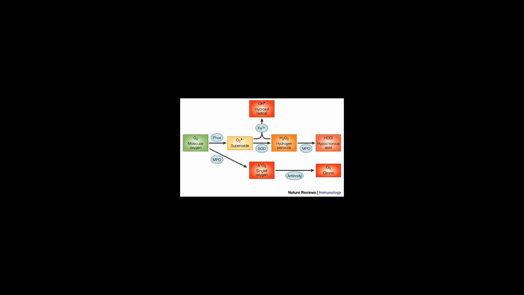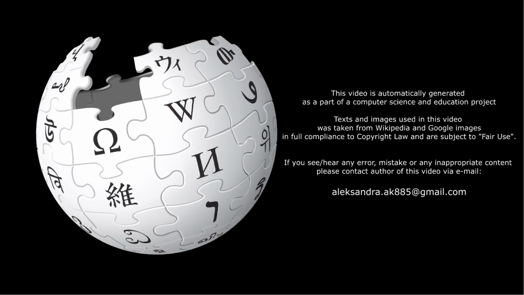The body uses superoxide dismutase to reduce superoxide radicals to hydrogen peroxide. Glutathione peroxidase and similar enzymes then convert the H2O2 to water and dioxygen. Parts of the immune system of higher organisms, however, create peroxide, superoxide, and singlet oxygen to destroy invading microbes.